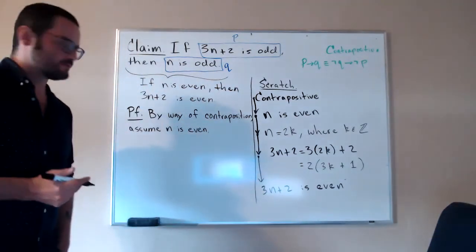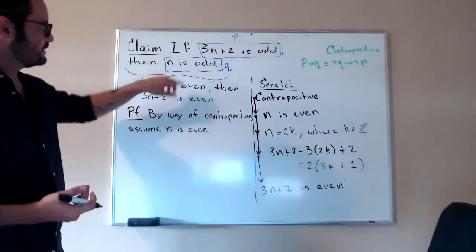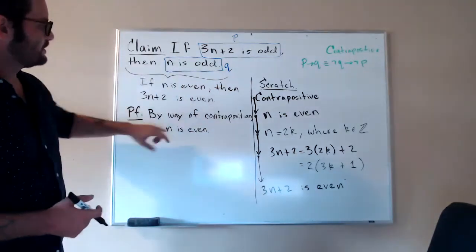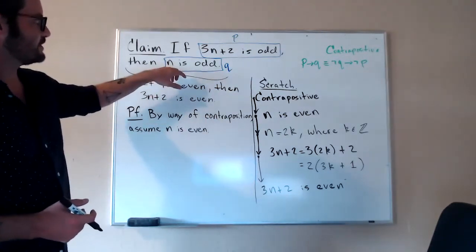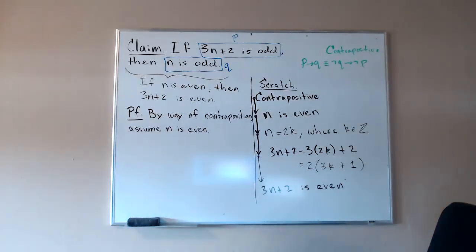So by way of contraposition, we're assuming that n is even. That declares to the reader, if they look at the original claim, oh, contraposition means we're going to assume the negation of the conclusion.